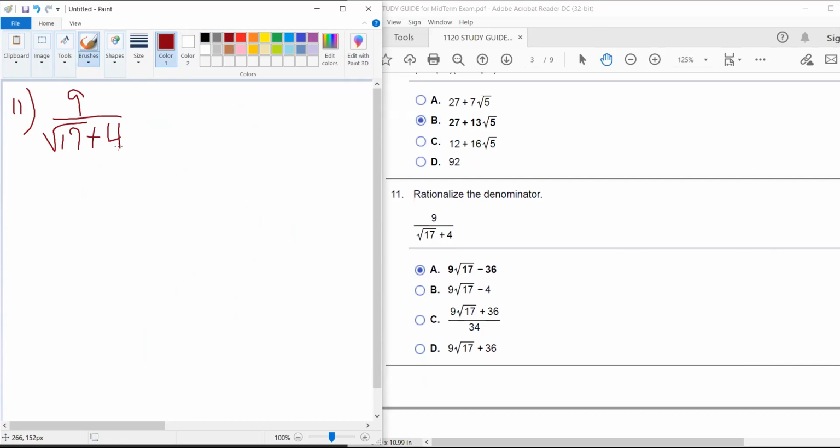When you have a binomial and you're trying to rationalize the denominator, you multiply the top and the bottom of your fraction by something called the conjugate. And conjugate just means opposite middle sign, really. So we'll multiply the top and the bottom of our fraction by the square root of 17 minus 4.